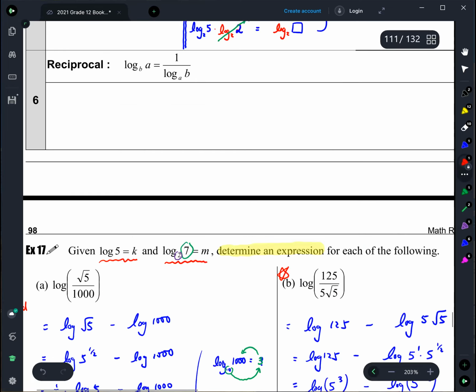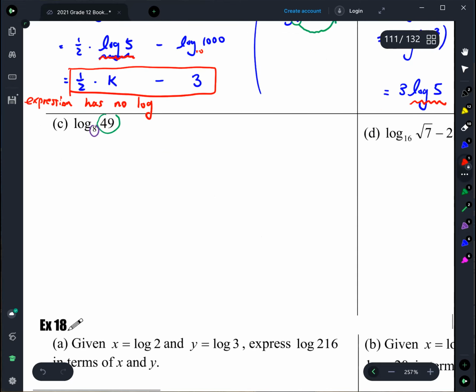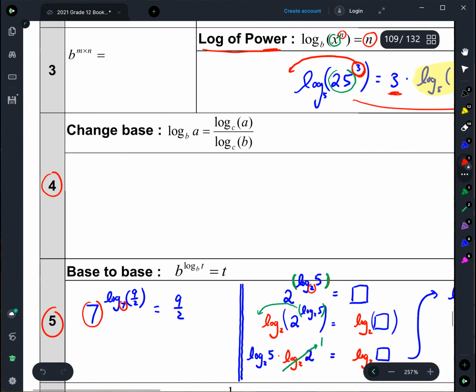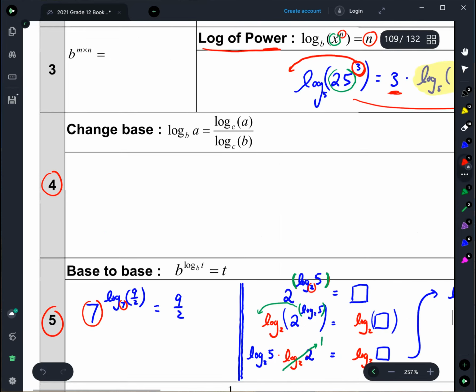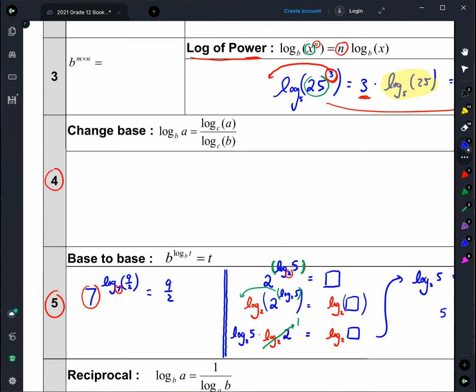All right, so if you look at the question we are dealing with, we have log base 8 of 49, right? Let's copy over here. Okay, log base 8 of 49, okay? That's where we got stuck.